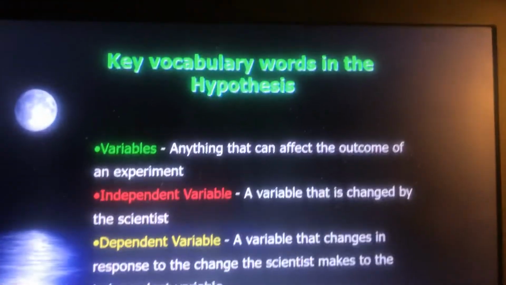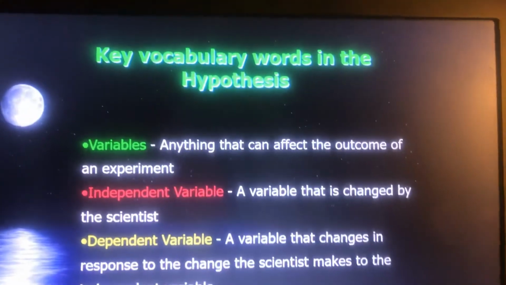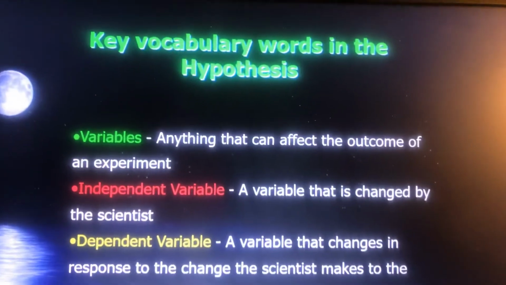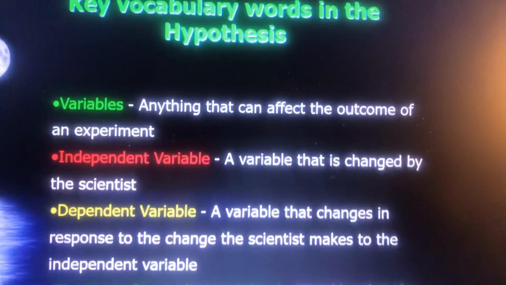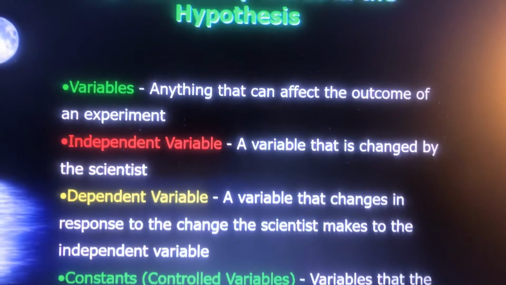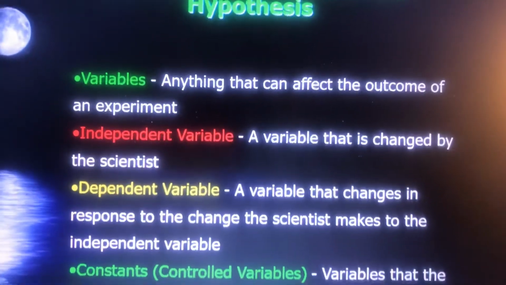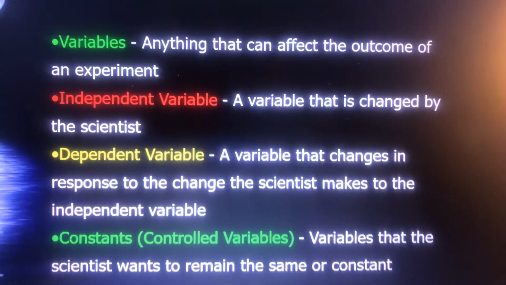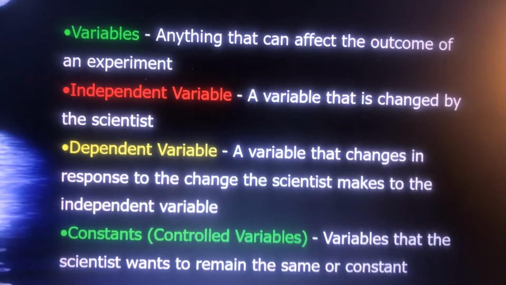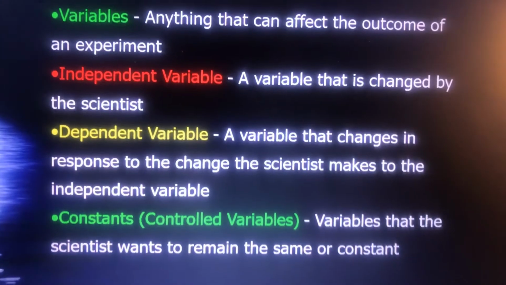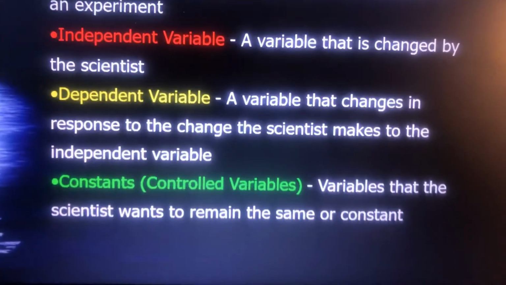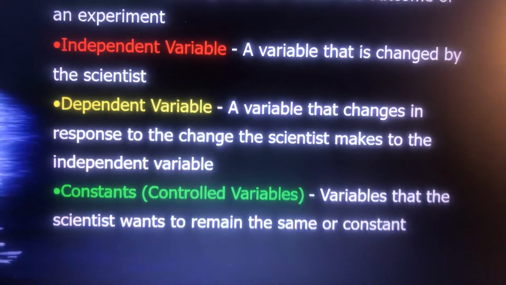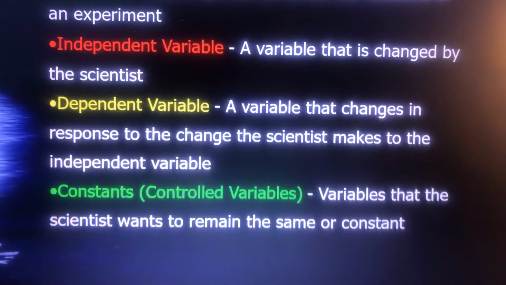Now, key vocabulary words in the hypothesis. This is in the hypothesis now, not in the other parts of it. Variables, anything that can affect the outcome of an experiment. The independent variable has to be absolutely specific, and it has to be a variable that can be changed and altered by the scientist. Okay, the dependent variable is what the scientist is looking at, that changes in response to the change the scientist makes to the independent variable.